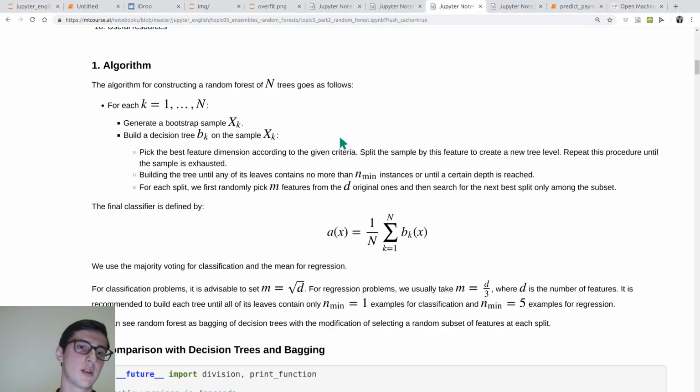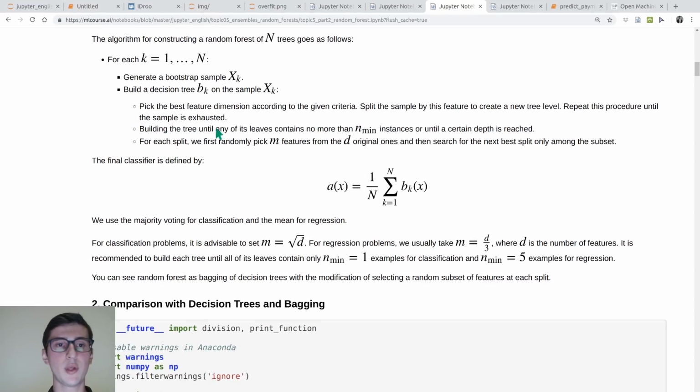for each split in this decision tree, we'll take a look only at some m features, not on all of the features. We'll just analyze a subsample of features. Then we're going to restrict the depth of this decision tree as typically, let's say, we're going to restrict it with n minimal instances, or maybe until a certain depth is reached, so min samples leaf or max depth.